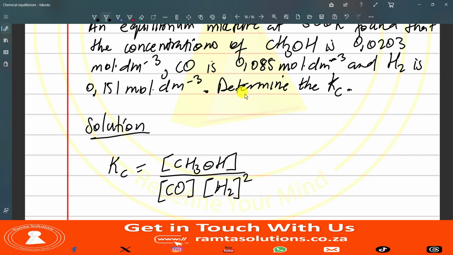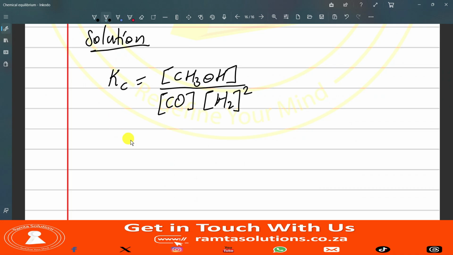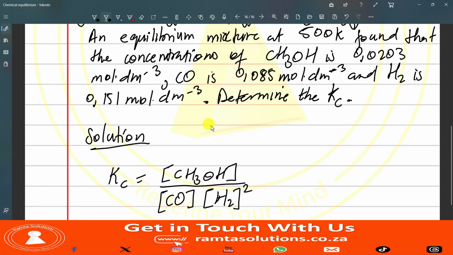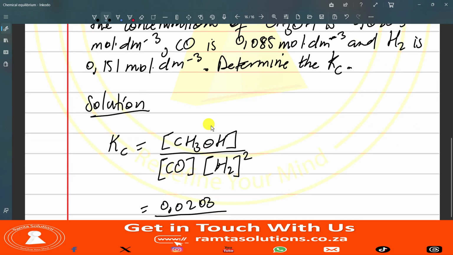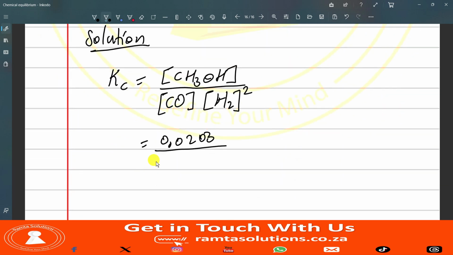So the concentration of methanol is 0.0203, while the concentration of carbon monoxide was 0.085, and that of hydrogen gas was 0.151.